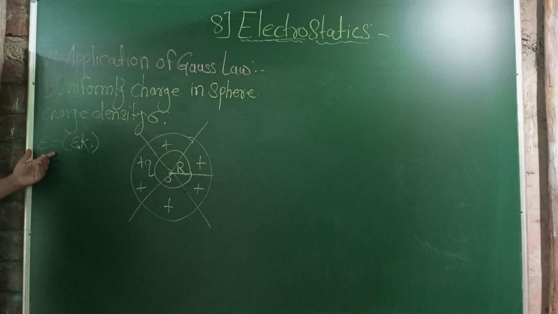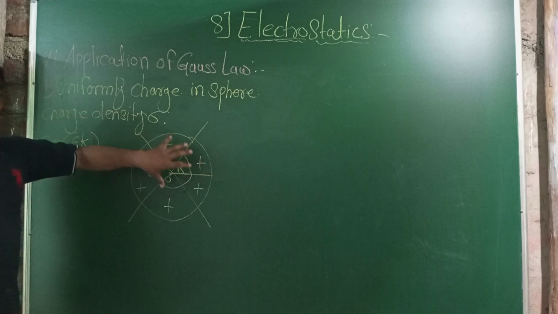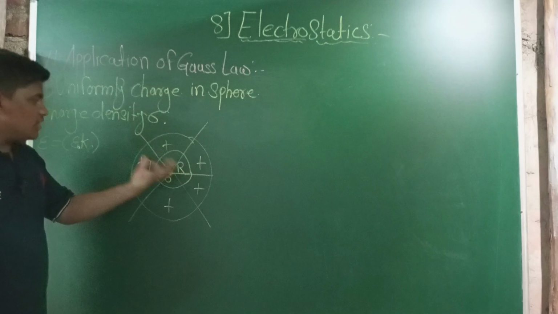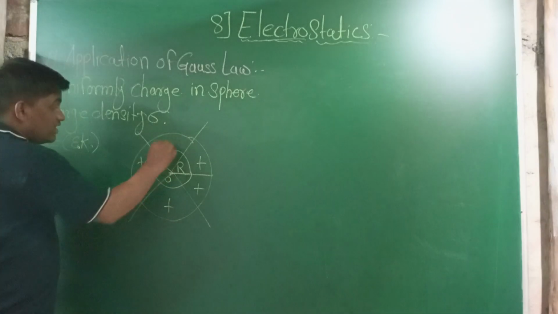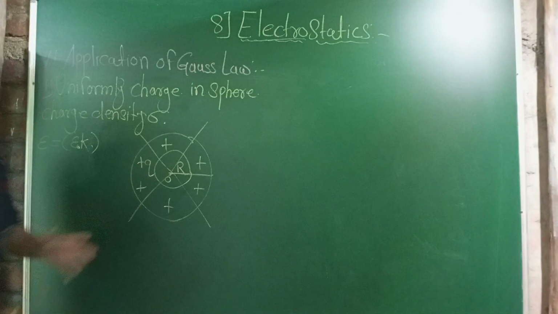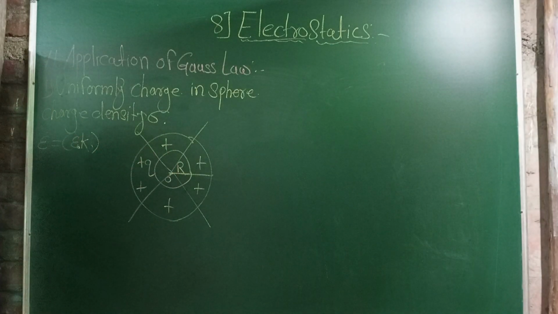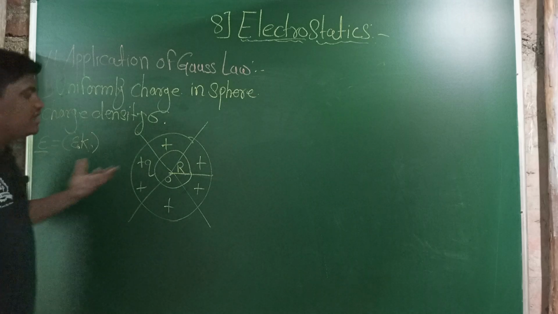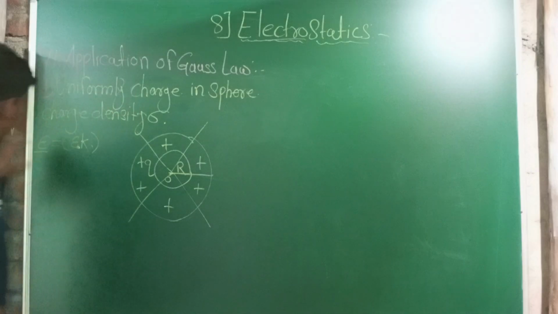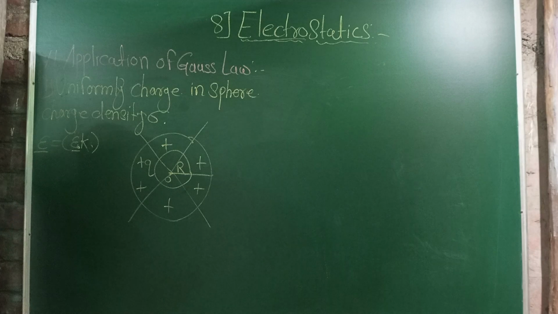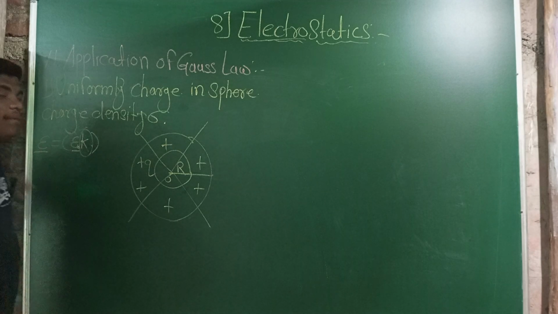The sphere is situated in the dielectric medium, with a lot of charge uniformly distributed over it, and the permittivity of this medium is equal to the permittivity of free space with the constant of permittivity.